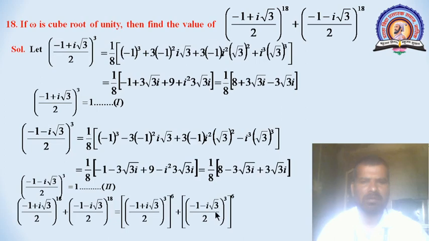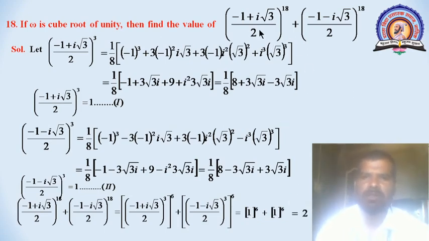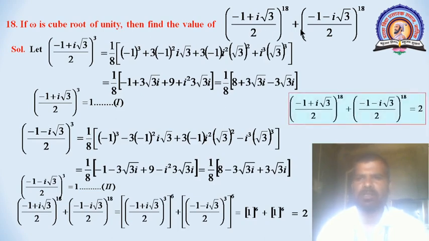Minus 1 minus I root 3 upon 2 bracket cube is 1 also. So put that value, we get 1 raised to 6 plus 1 raised to 6 is equal to 2. Therefore, the value of minus 1 plus I root 3 upon 2 raised to 18 plus minus 1 minus I root 3 upon 2 raised to 18 is equal to 2.